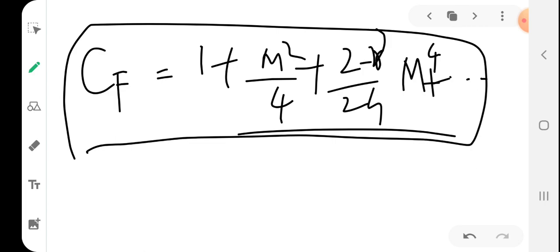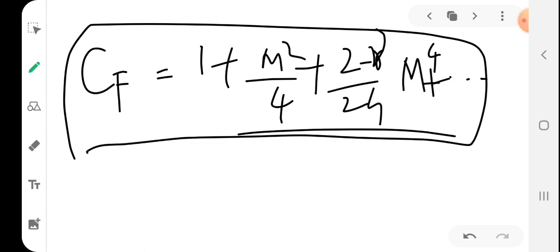Suppose you are asked to find the relationship between A star and A0, you don't have to memorize that equation. You just need to know the basic steady flow adiabatic equation, and from that you can readily derive the required relations. So that is the method.